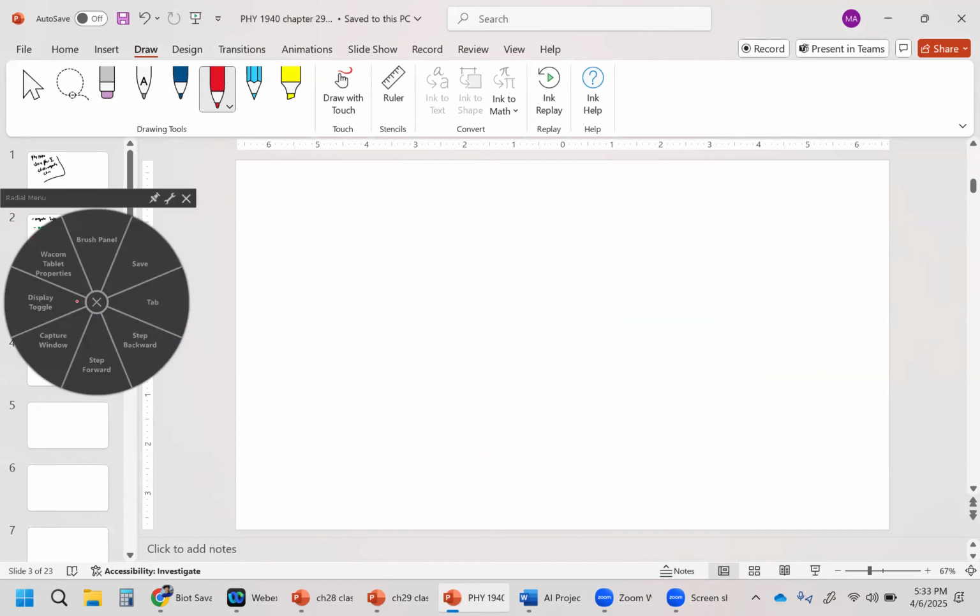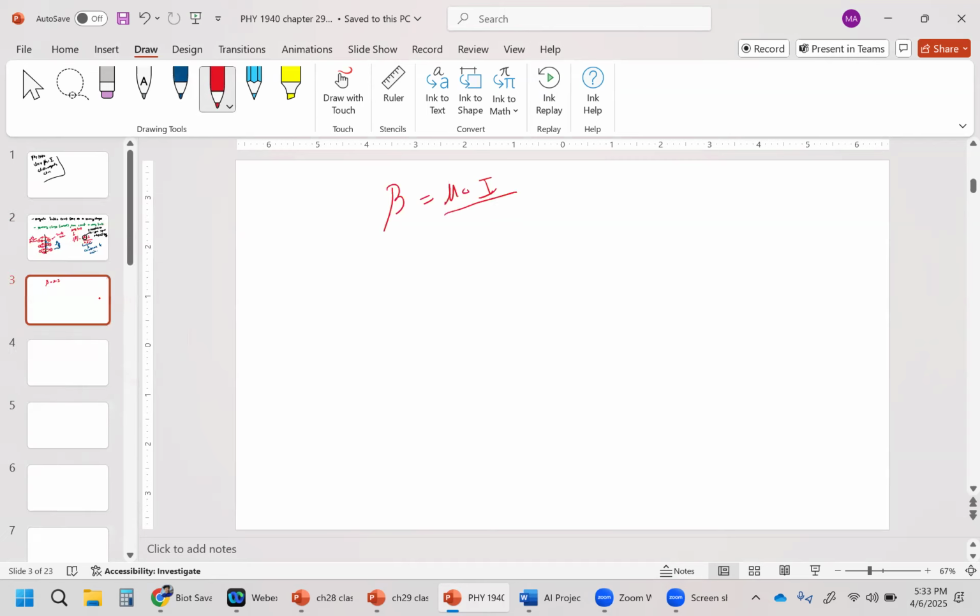Now, our magnetic field is mu naught I over 2 pi r. Now, the force exerted is going to equal Q times V cross B.